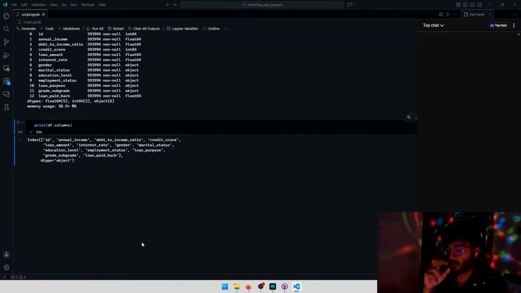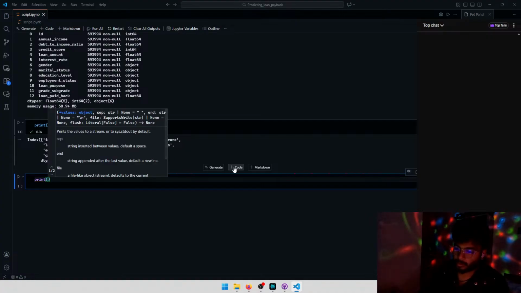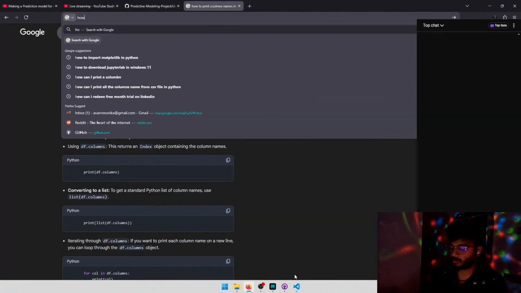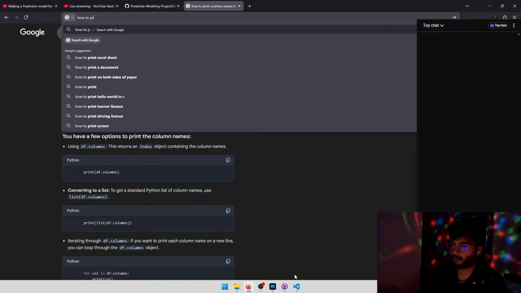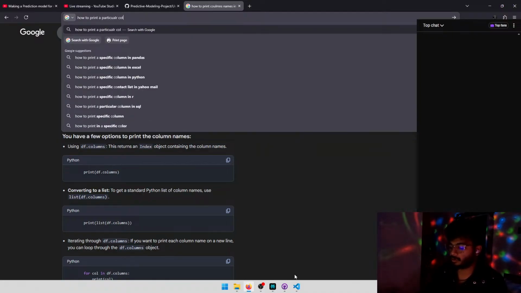Do you think we should see the loan purpose first? Just for a little fun. How to print a particular column.